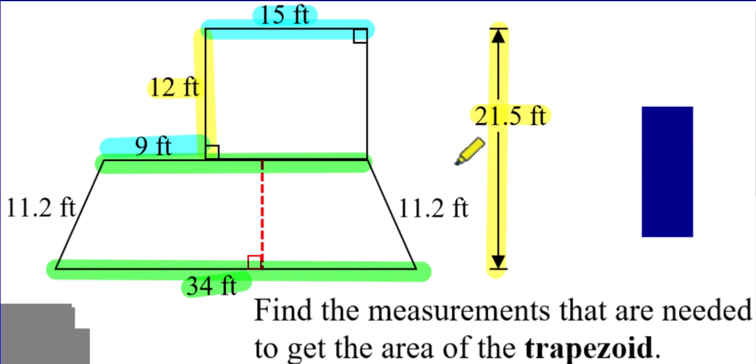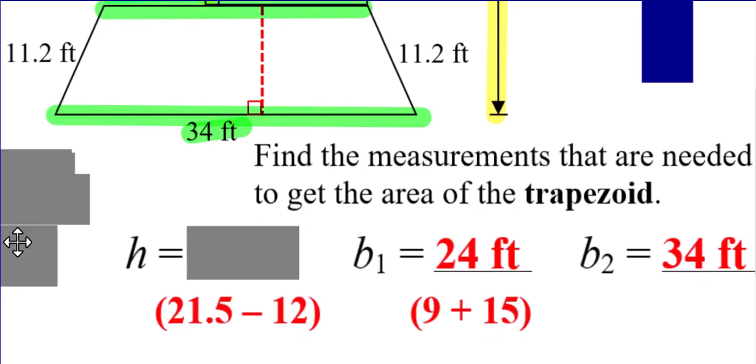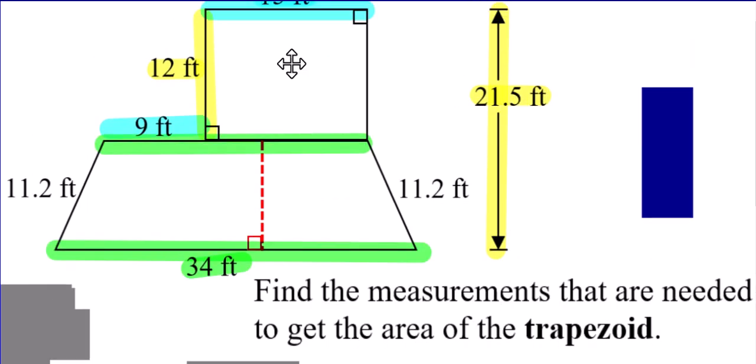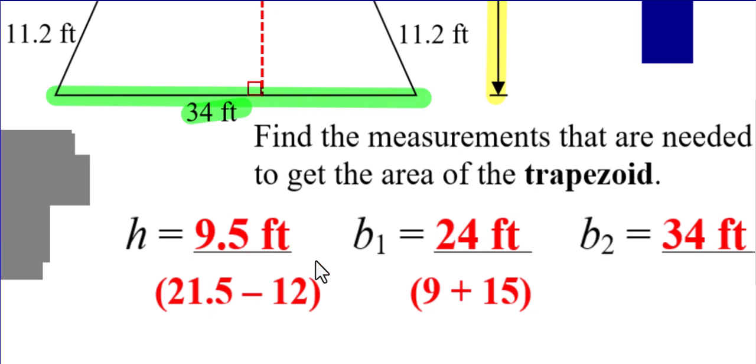So this is the idea we were talking about at the very top left-hand corner of this page. Total up and down distance minus this up and down distance will give me the up and down distance that I need for my height. And that's the work you should have shown. 21.5 minus 12, boom, gives me 9.5 feet, 9.5 feet.